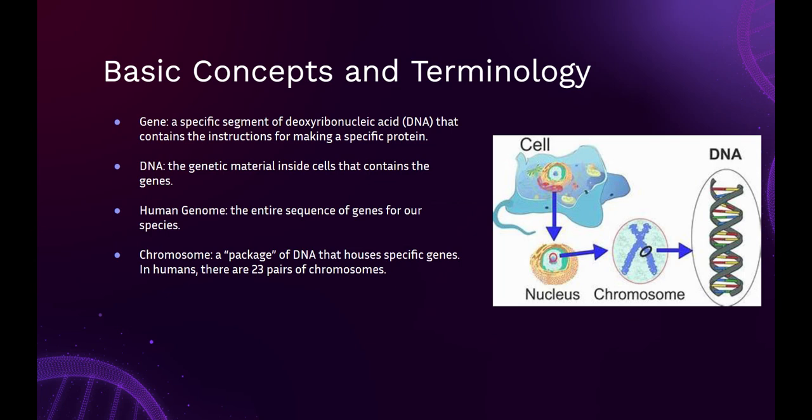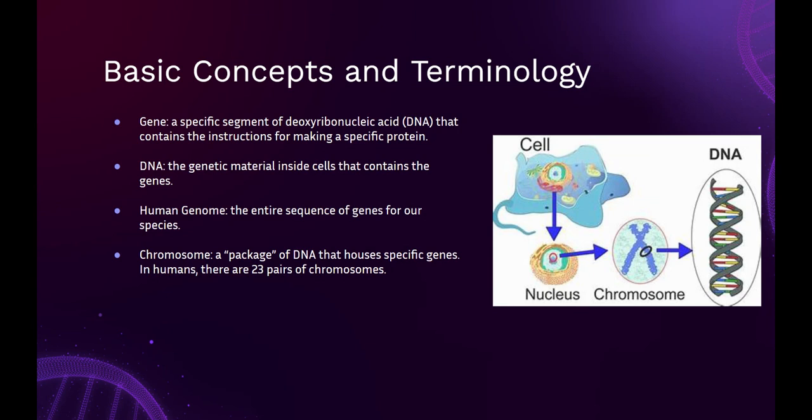Okay, basic concepts and terminology. And I have a little graphic here as I go through. We have a gene. A gene is like one of these little areas of DNA. It's a specific segment of DNA that contains instructions for making amino acids that combine into specific proteins. All of the enzymes, all of the structures in your cell, things that regulate the body's functions are dictated by genes.